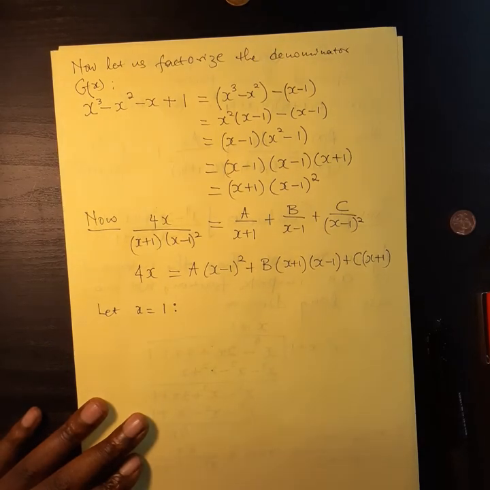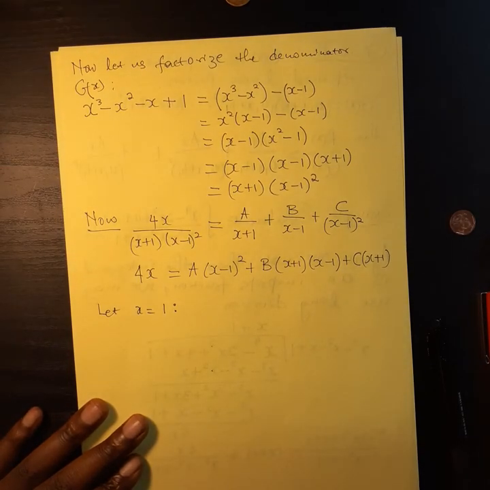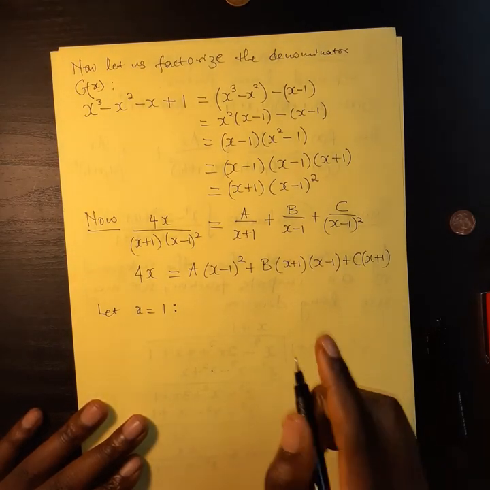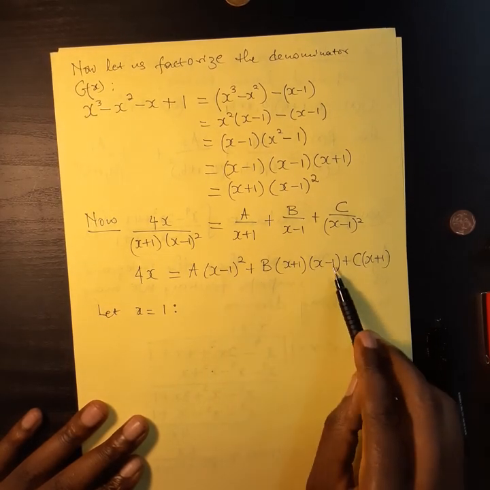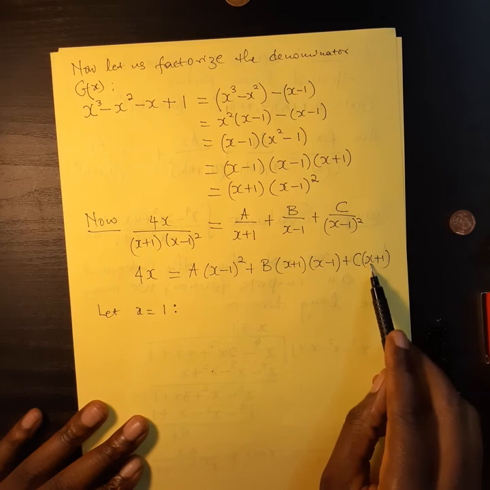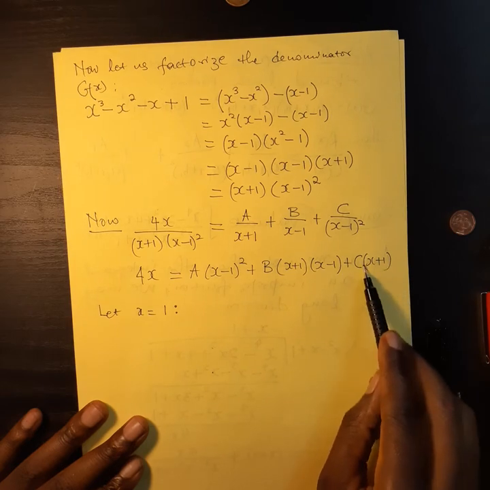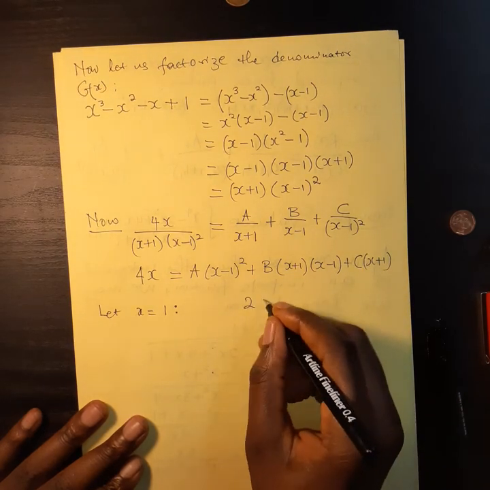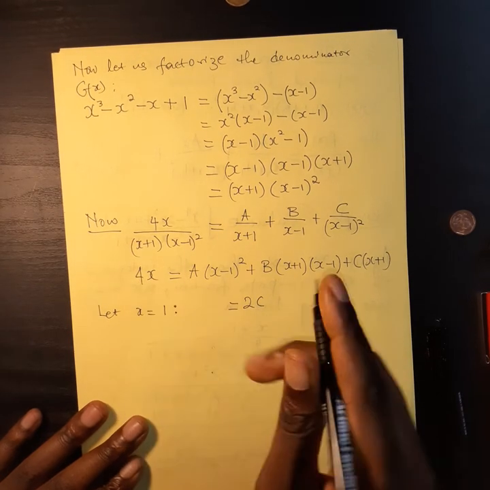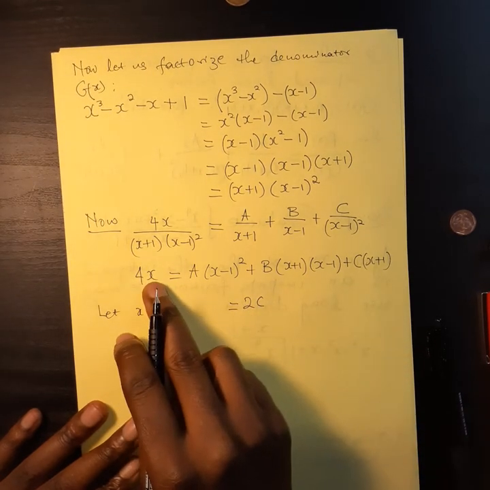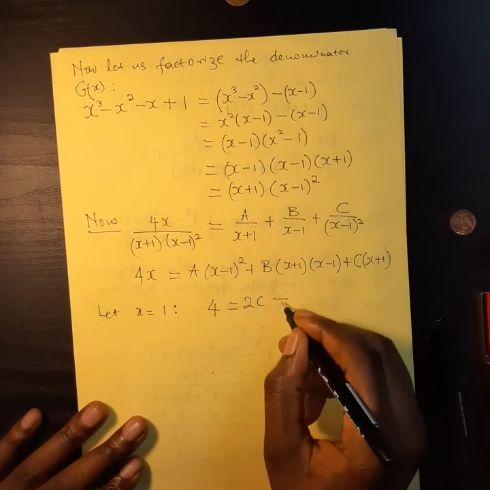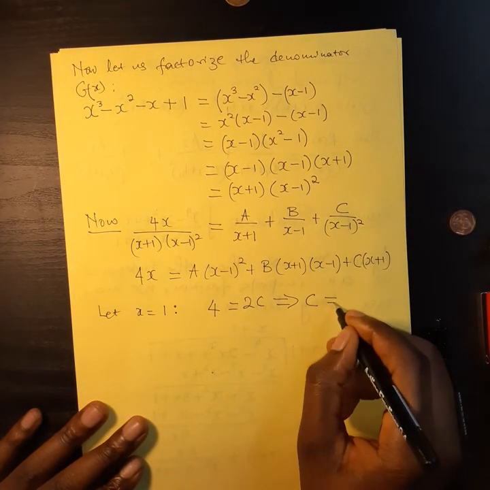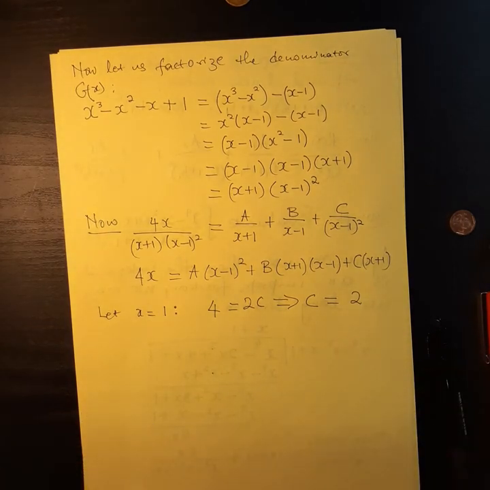If x is equal to 1, we understand that this will be 0, this will be 0. So we have 1 plus 1, which is 2c, equal to 4. This implies that c is equal to 2.